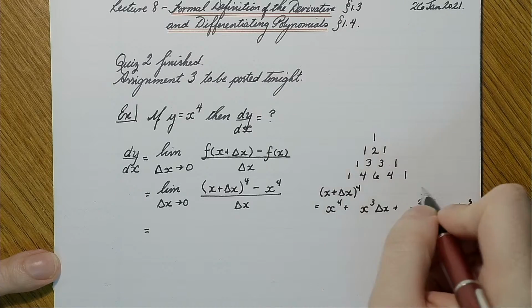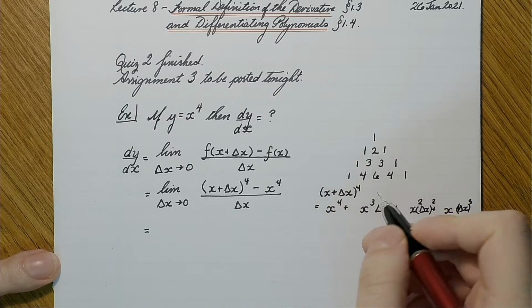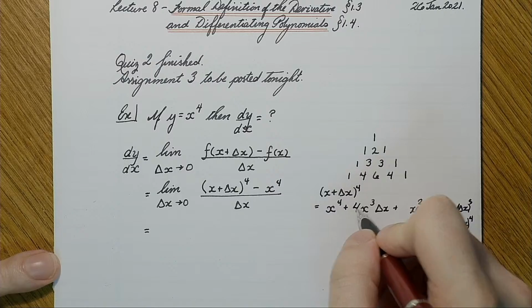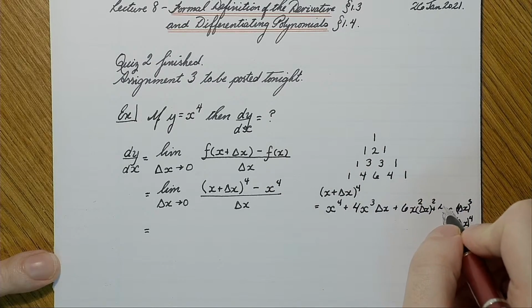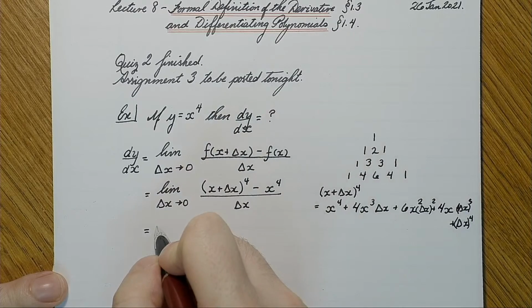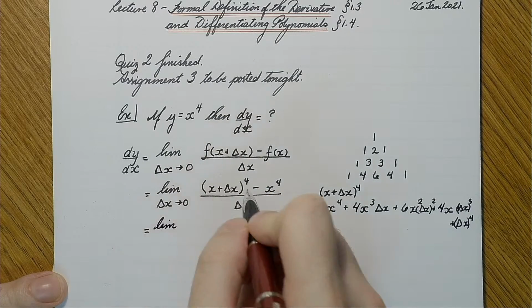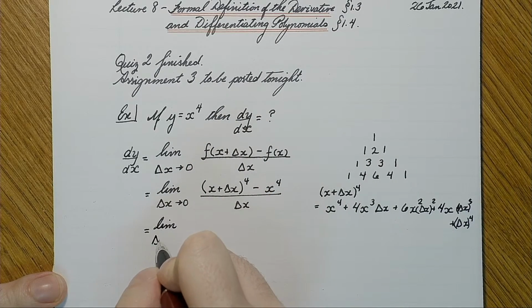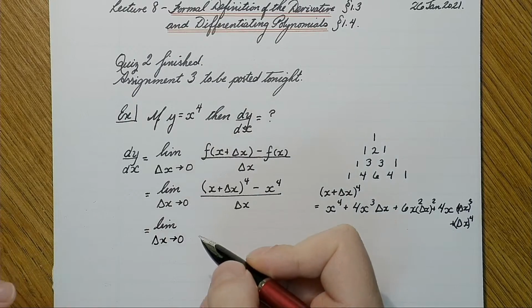So I just copy down my coefficients here, 1, 4, 6, 4, and 1. Okay, so that's what my expansion is going to be.